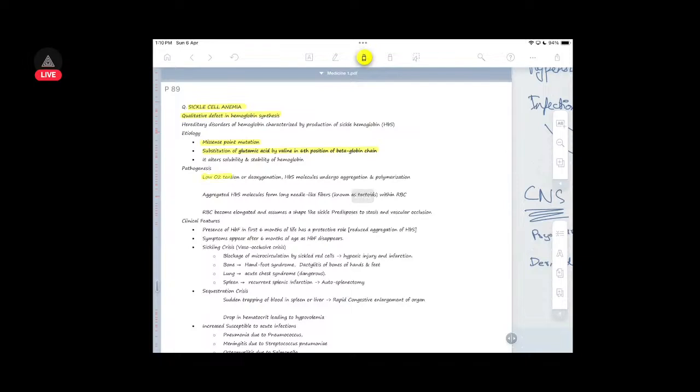In low oxygen tension or deoxygenation, HbS molecules undergo aggregation and polymerization.